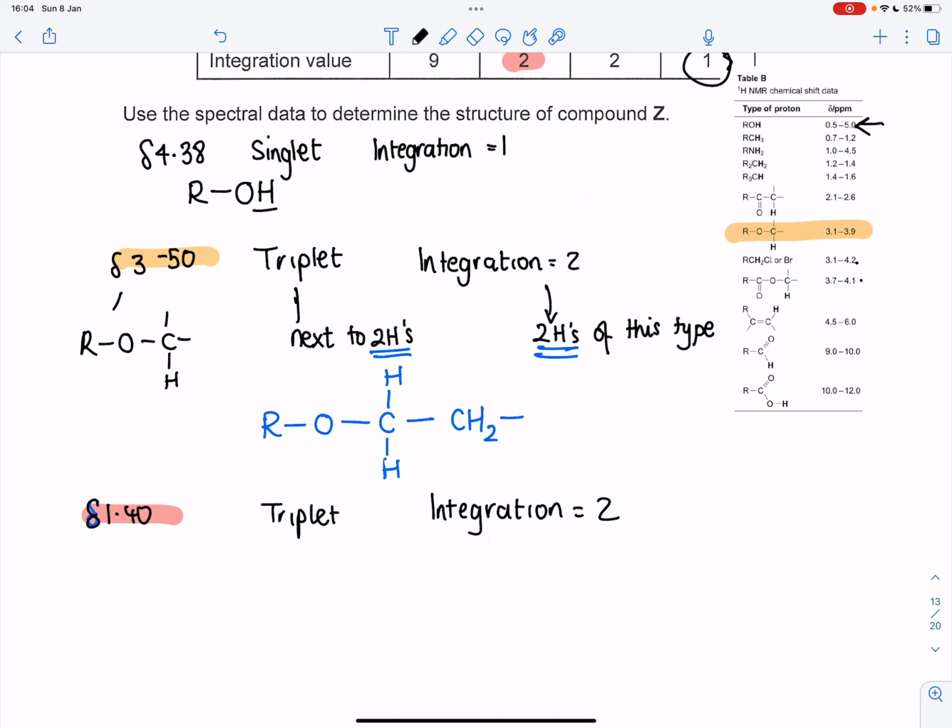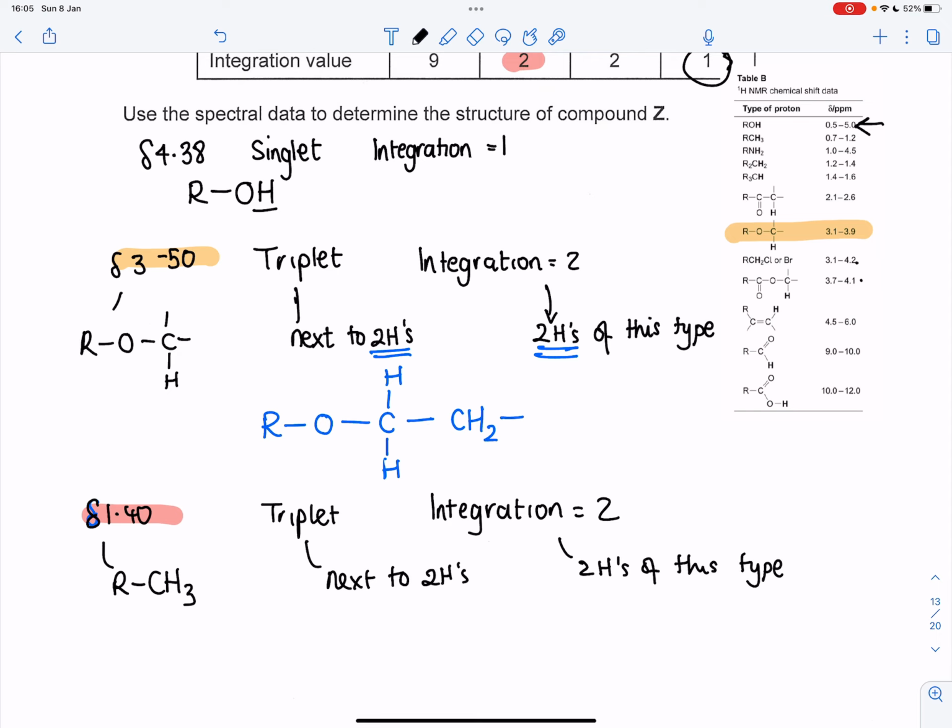So 1.4, we go up to our data sheet and 1.4 doesn't really tell us much apart from that it's probably a chain type. Triplet, next to 2 H's. Integration, 2 H's of this type.